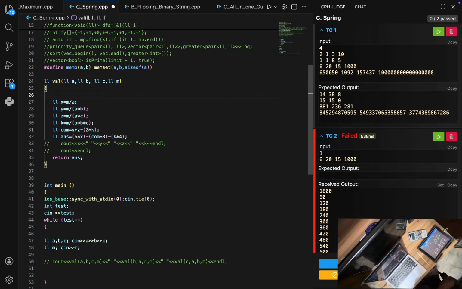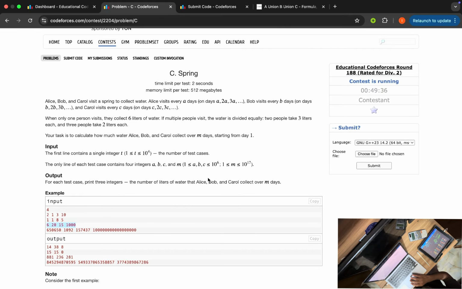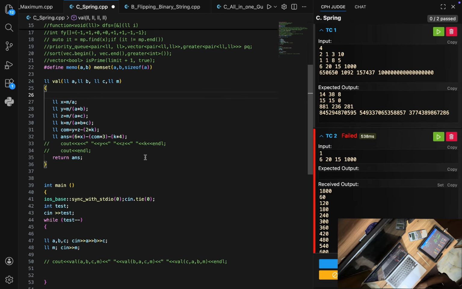A into B, common of A into B. Should I do a for loop? 1 is 6, 7, 8, 9, 10. Too much. I need a value which is divisible by both.